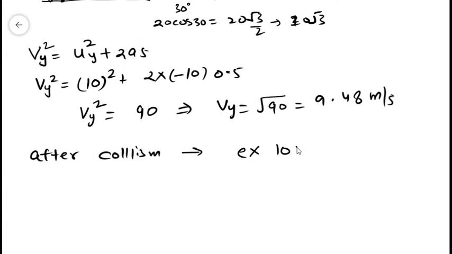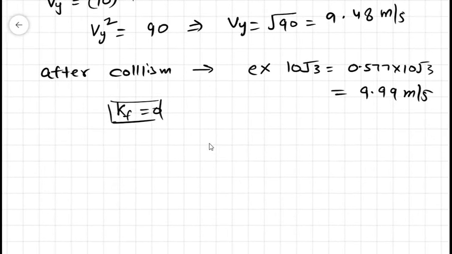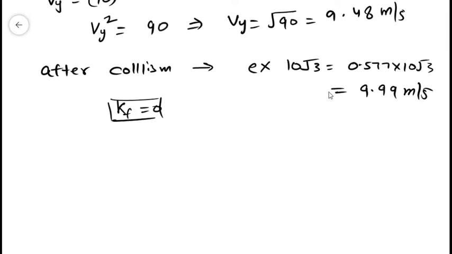So this will be equal to 0.577 into 10 root 3, and that turns out to be 9.99 meter per second. But what about the y component of the velocity after the collision? Well, it will not be affected because the coefficient of friction is 0, so the y component of the velocity remains unaffected.